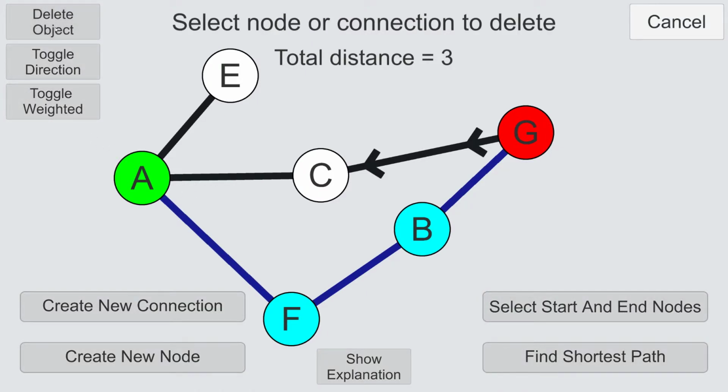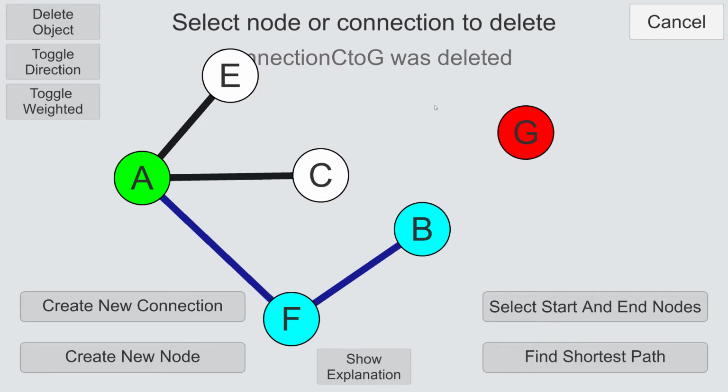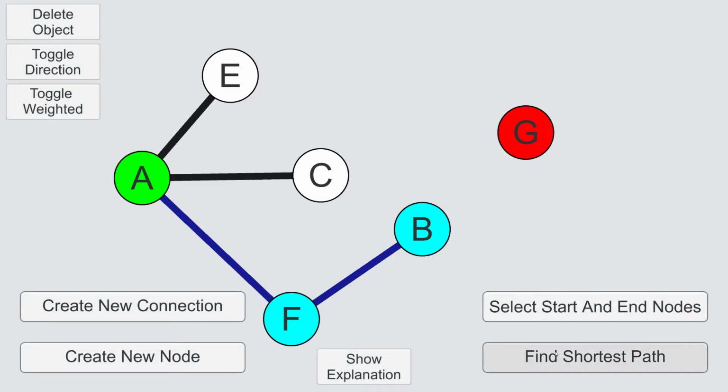If I then delete the path to the end node and attempt pathfinding again, the system will identify that there is no path between the start and end nodes and will not begin pathfinding, as shown at the top of the screen.